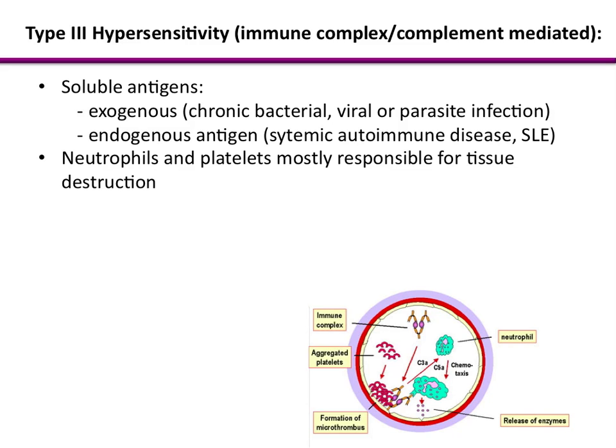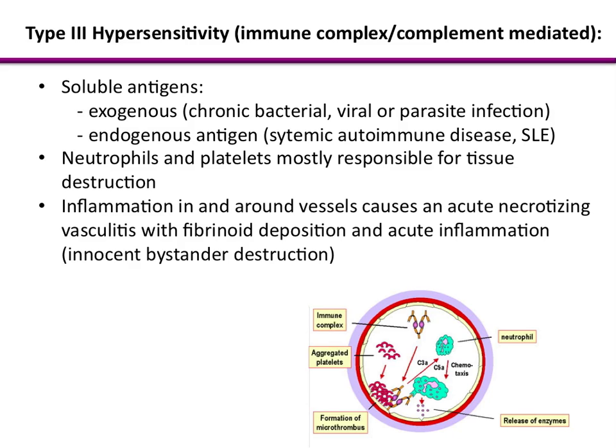Neutrophils and platelets mostly are responsible for the tissue destruction, activated and attracted to the site by complement. And inflammation in and around the vessels causes acute necrotizing vasculitis and fibrinoid deposition and acute inflammation. And really the classical examples are reactive arthritis and SLE.